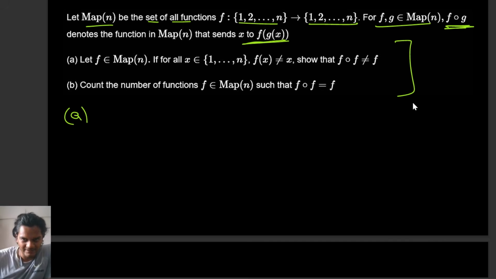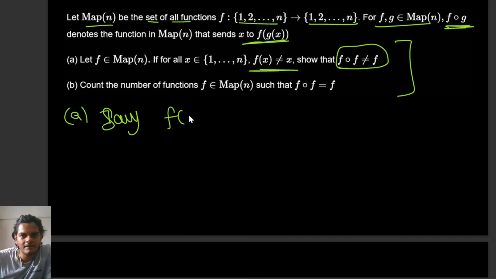Okay. I hope you paused the video and tried it. We need to show A is easy actually. If for all f of x this is happening, then this is never going to happen, right? So let's say f of f is equal to f, right?